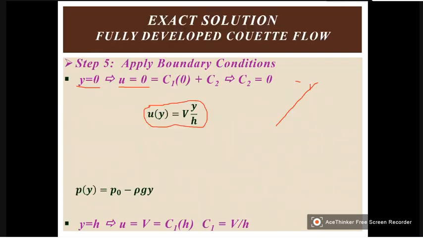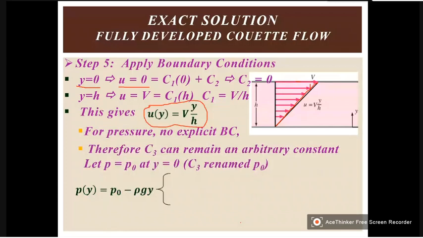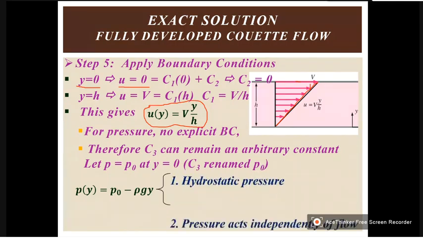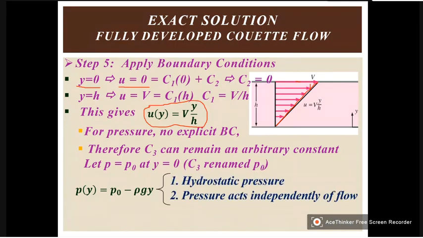So now what we do is we say that P is equal to P naught at y is equal to 0. So C3 is simply renamed as P naught. That's all. Our equation is P is equal to P naught minus rho G y. This is what is called the hydrostatic pressure.